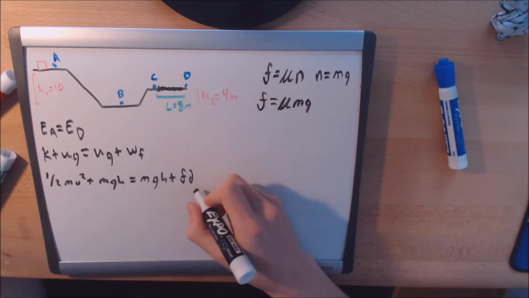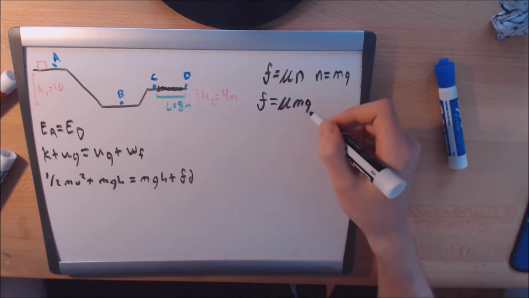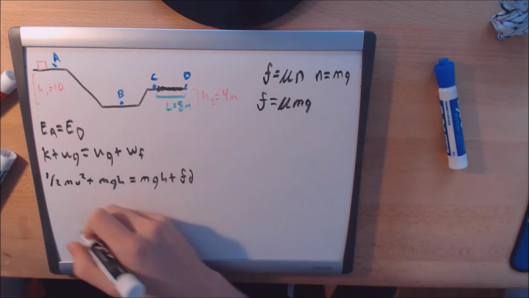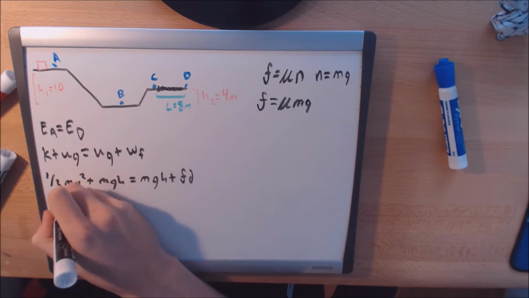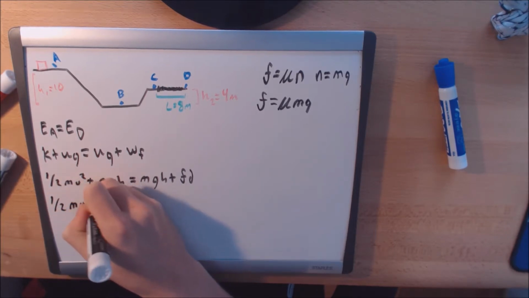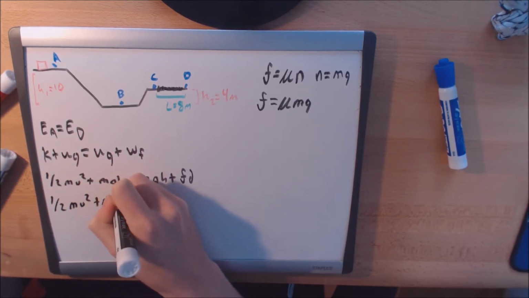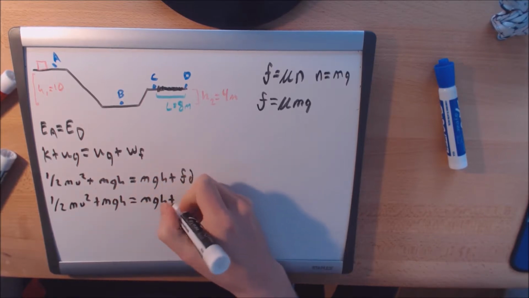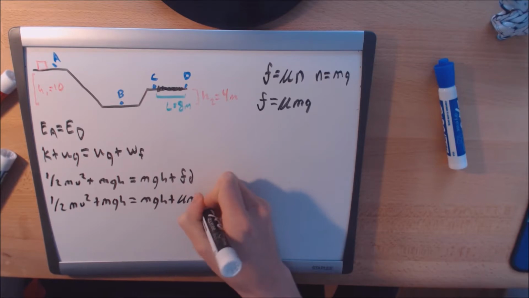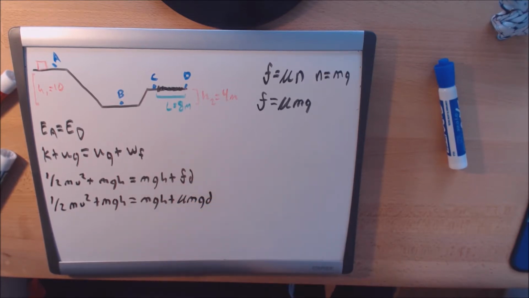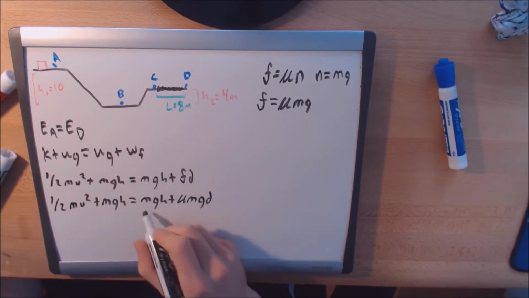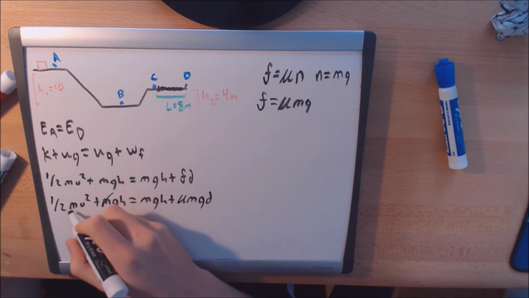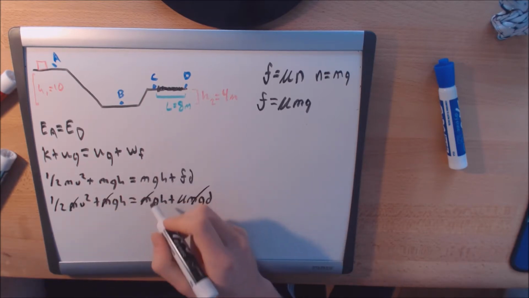So we know that friction times d is actually going to be mu mg d. So we'll write that out again. Mu mg d. So we have m in each part of this, so we can get rid of our m's. Makes it simpler to work out.